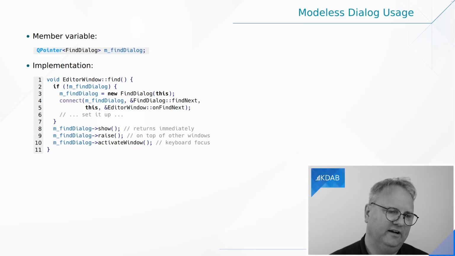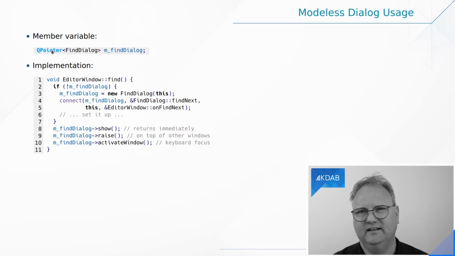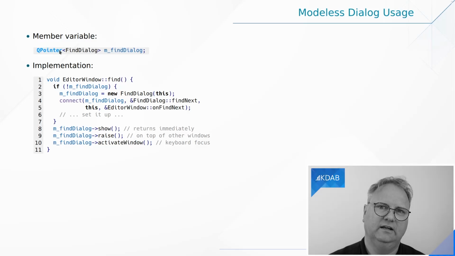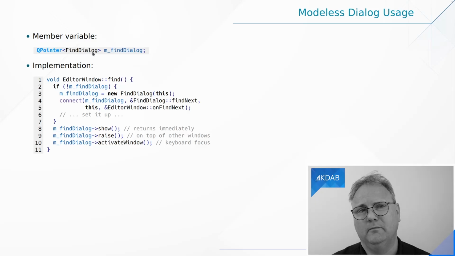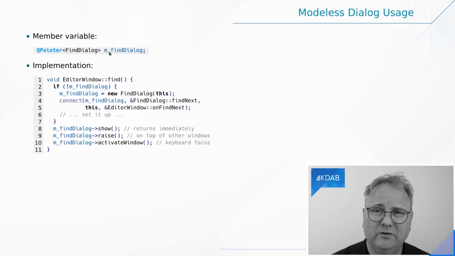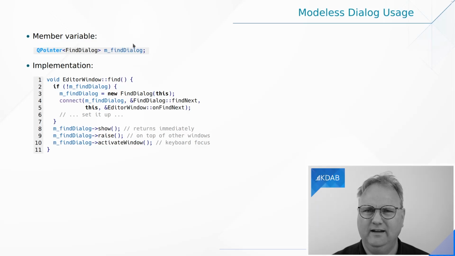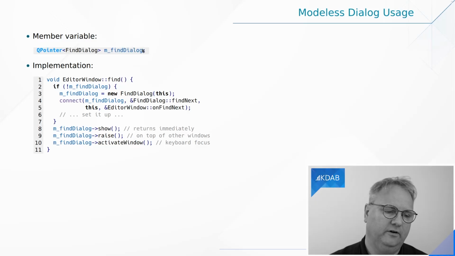So I create my pointer. It could have been a std unique pointer in case there was no issue with the dialog being closed, or it could be, did I almost say a raw pointer? I of course didn't mean that. It should be at least a std unique pointer then.